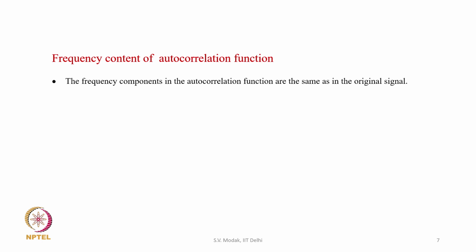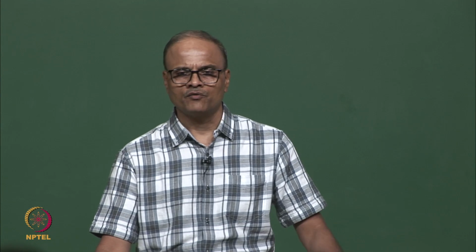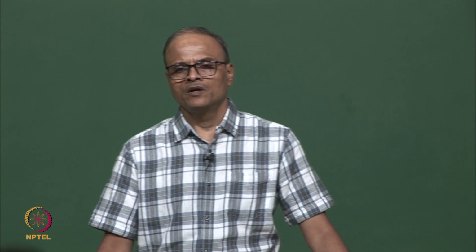On the previous slide we looked at the autocorrelation function of a sine signal, but if we take a periodic signal, it consists of many harmonic components, because that we know from the Fourier series expansion. Therefore, the autocorrelation function of the periodic signal will be the sum of the autocorrelation functions of the individual frequency components, and the autocorrelation function of a particular component would be at the same frequency as that component.